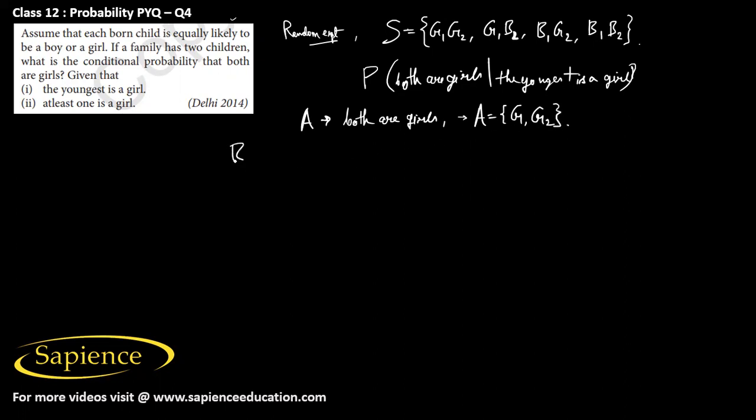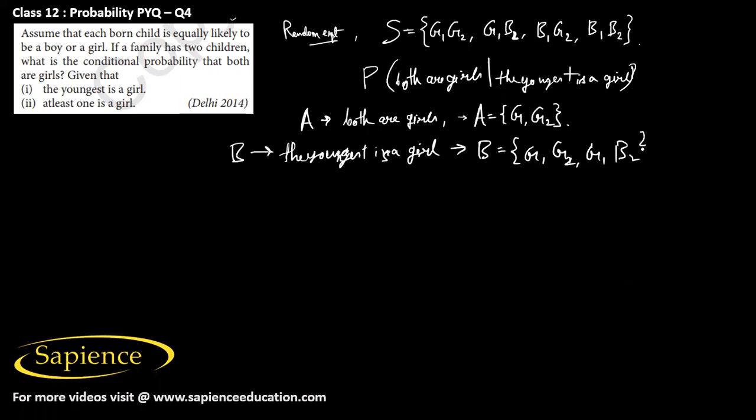And let's say B is the event that the youngest is a girl. So then B will be (G1, G2) and (B1, G2). So there are two favorable outcomes in this event.